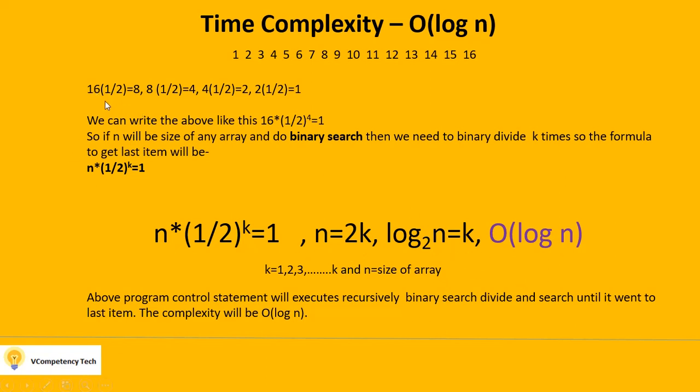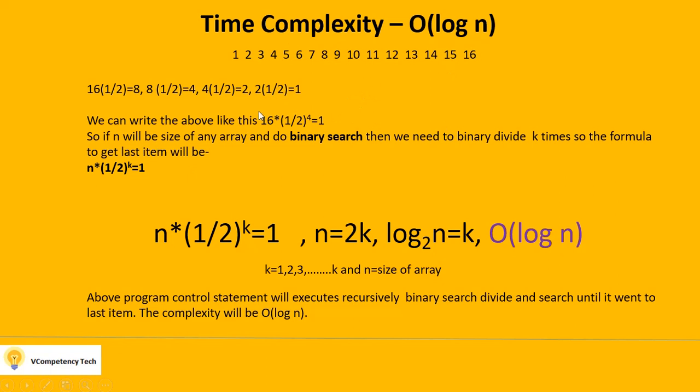So this is how I have done. This number is 16, and this 16 we will divide 4 times by 2. Then only we will get 1. So if you say that this series is n and you divided it by 1 by 2 k times, and you will get 1.